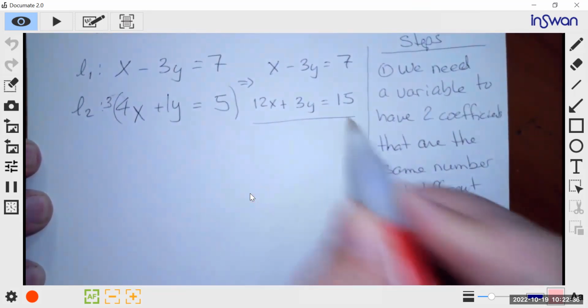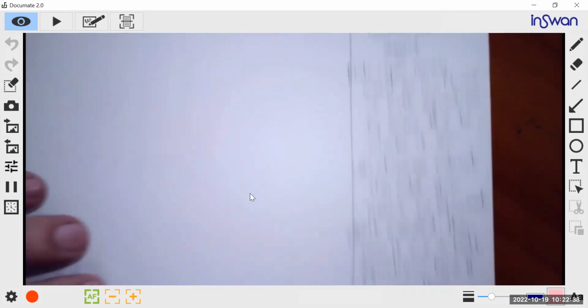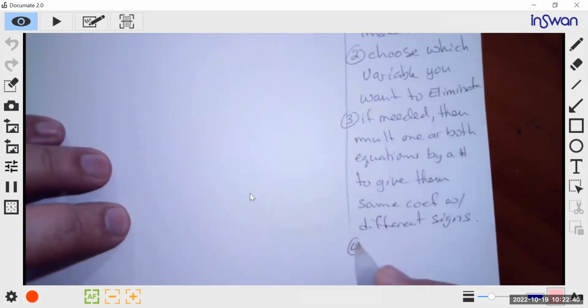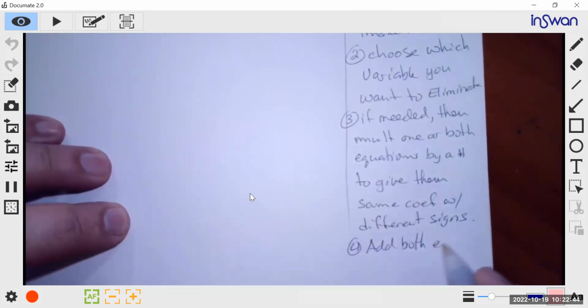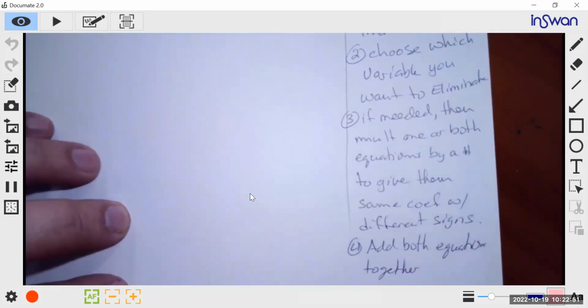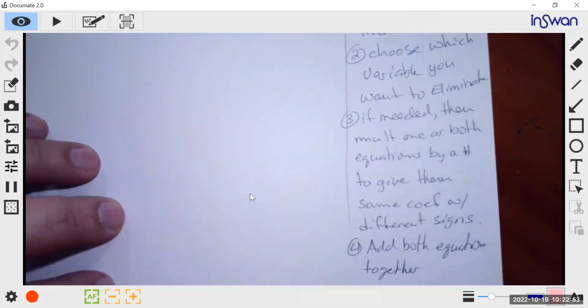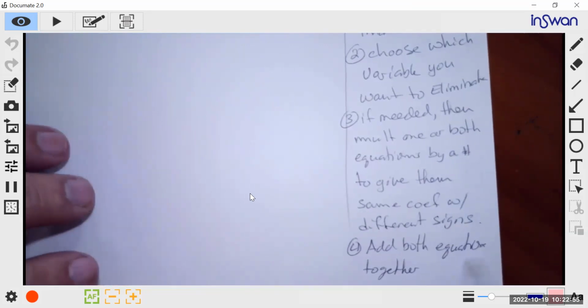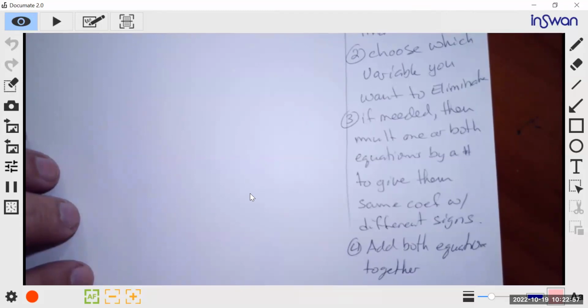Now, if I add both equations, that's my next step. Add both equations together. I was running out of space down here. Because remember, we chose to get rid of y.